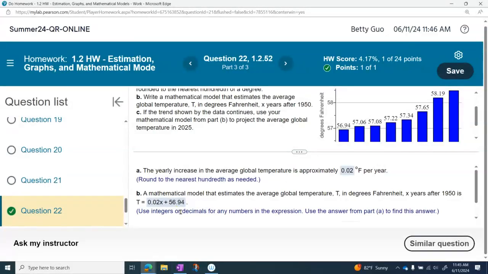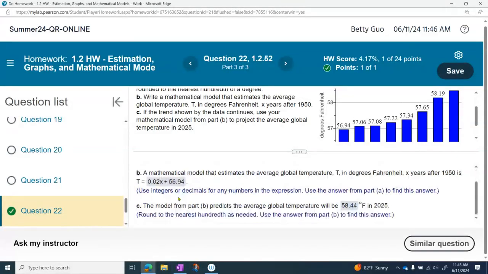Really? Yes. But it let me put 0.02x first. I tried putting that in 3 times, the way you put it in, and I got B wrong. Same. I'm pretty sure if I put it in backwards like she's saying, it'll work, but it just wasn't taking it.